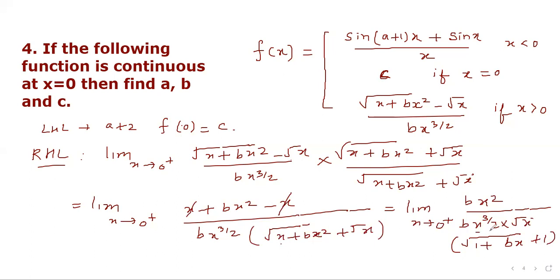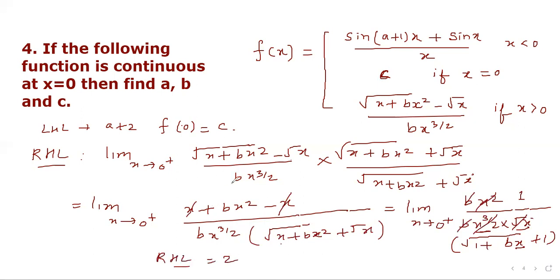Now x power 3 by 2 and root x will become x square, from where this term and this term will get cancelled. B will also get cancelled. So in the numerator, 1 will be left. In the denominator, root of (1 plus bx) plus 1 is left. When we put x equal to 0, this term will also vanish. Then we will get root 1 plus 1, that is 2. So RHL we have got as 2.